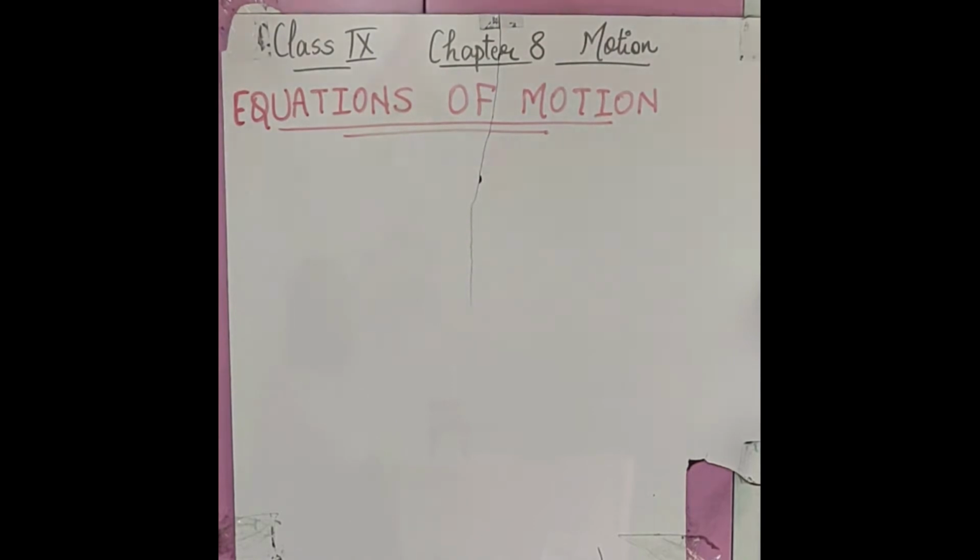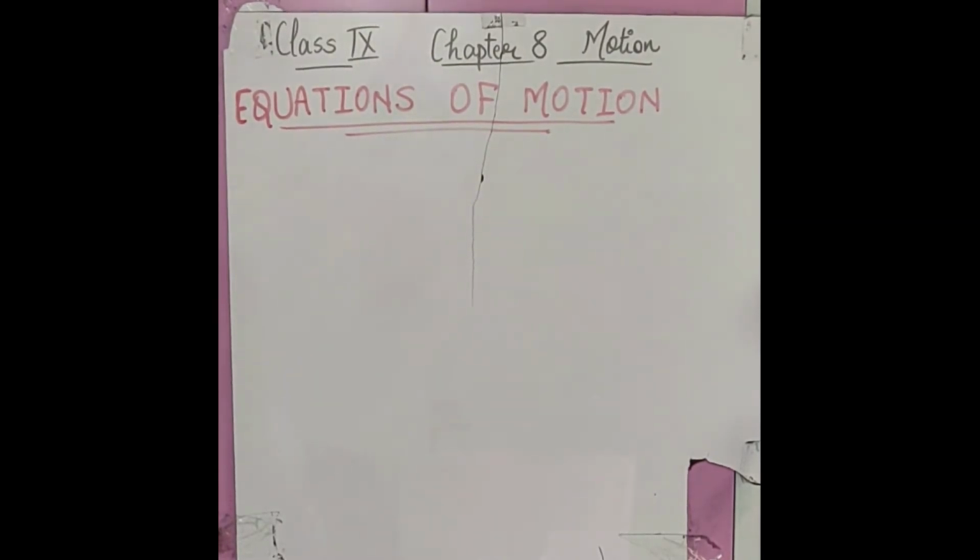Rather, we will consider that initially the object has some initial velocity and then undergoes uniformly accelerated motion. So let's draw a graph for this.